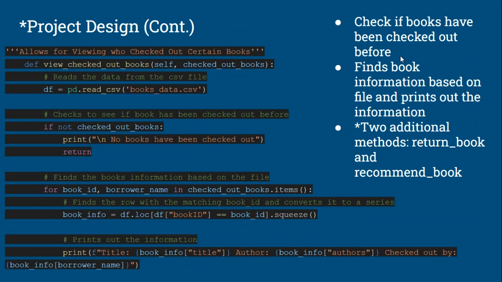Our checked out book method allows us to see if a book has been checked out before. It finds information based on the file and prints out that information. There are also two additional methods, the return book and the recommend book, that aren't in this presentation, but their names are pretty self explanatory.